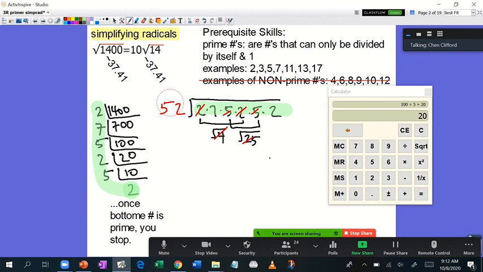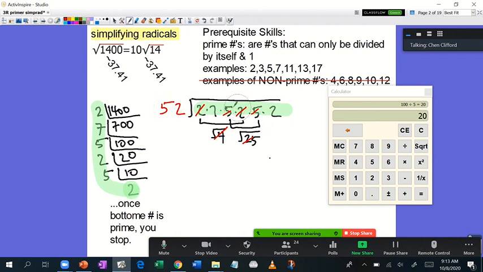And there's no more pairs. The whole idea was we're looking for pairs on the inside. There's a pair of 2's, which becomes root 4 on the inside, which cancels out and becomes a clean 2 on the outside. There's a pair of 5's, which becomes root 25 on the inside, which cancels and becomes a big fat 5 on the outside.